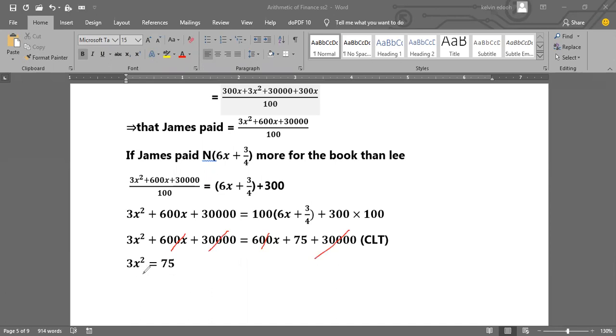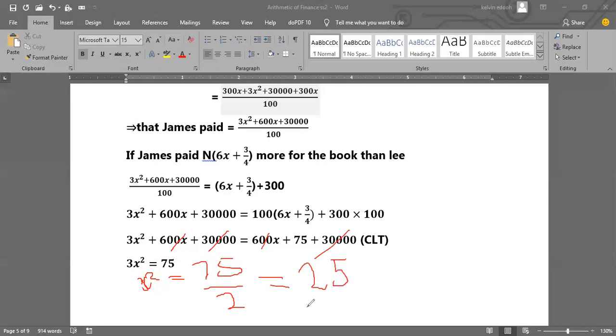The next thing is to solve for x. So x squared should be equal to 75 over 3, and that is 25.